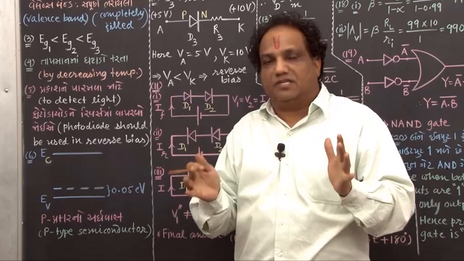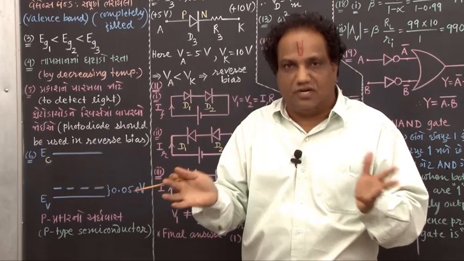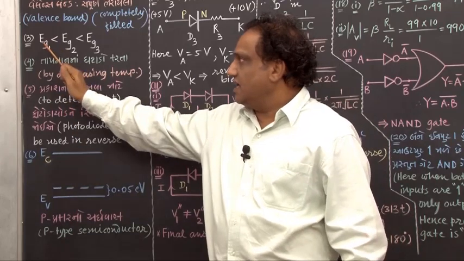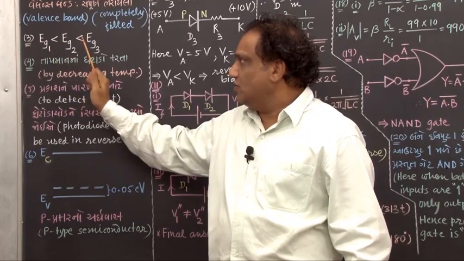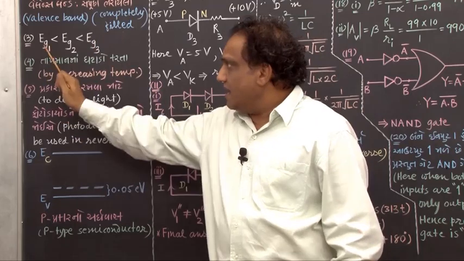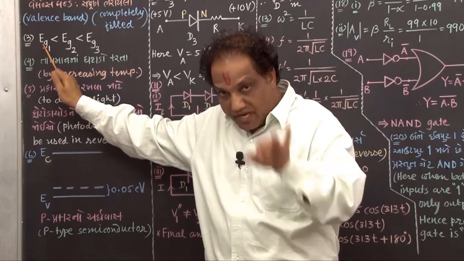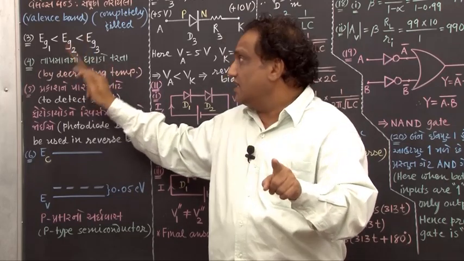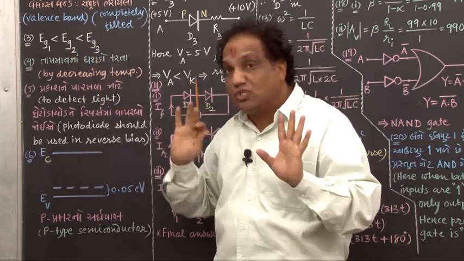And for semiconductors, that value is lying intermediate, moderate, in between. That's why here I am writing Eg1 less than Eg2 less than Eg3. Band gap energy for good conductors is minimum, greater than that is the band gap energy for semiconductors, greater than that is the band gap energy for insulators.